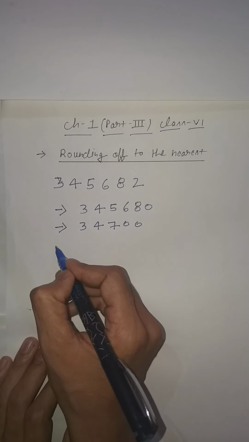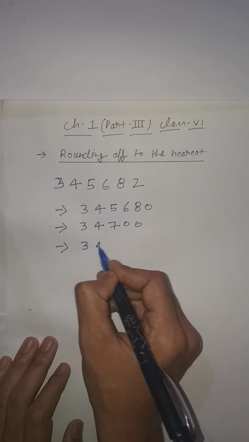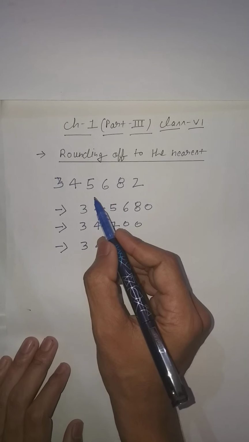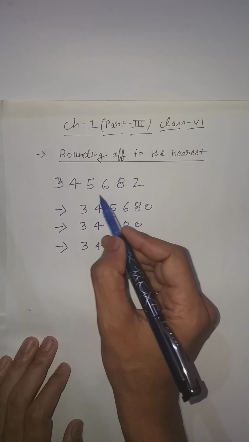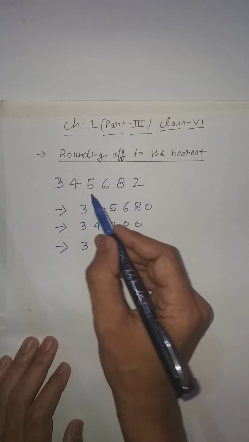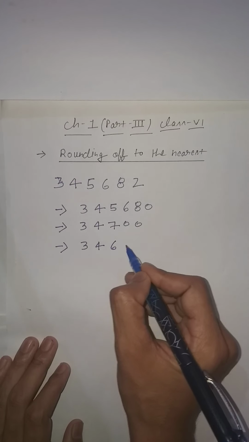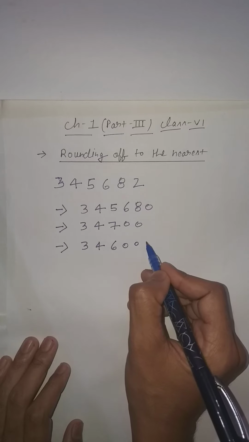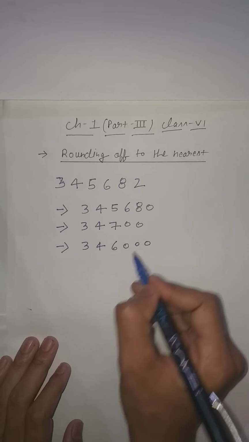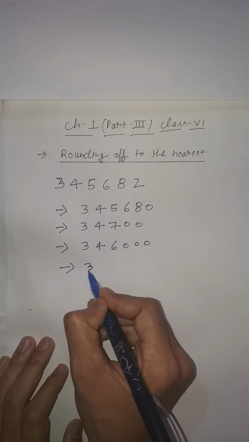Now another you can write down, 3, 4. Now you can see 56. So in 56, 6 is greater than 5, so we will increase 1. So this will become 6, 1, 2, 3, 0.